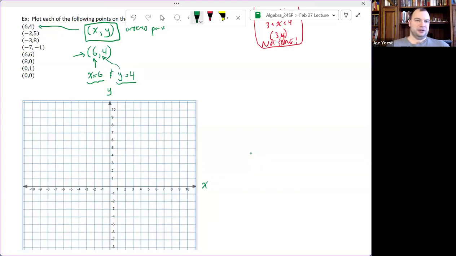Or we can think of it kind of like a latitude longitude idea. Or if I was in the middle of a town that's not triangular like Pittsburgh, but a town that's more on a rectangular grid layout, I could say I want to go 6 blocks in the horizontal direction. In this case, 6 blocks east, and then 4 blocks in the vertical direction, north. So I start at the origin where I always start, and I go 1, 2, 3, 4, 5, 6 over to x equals 6.